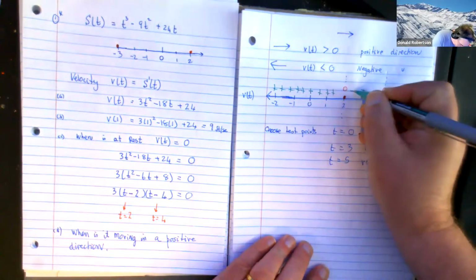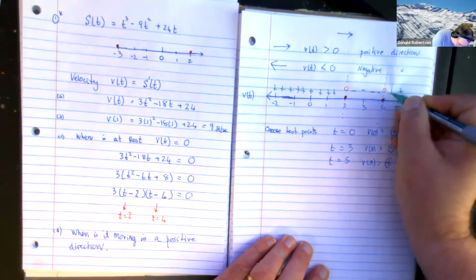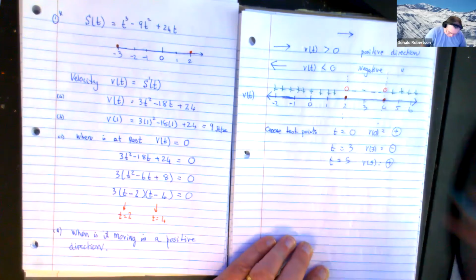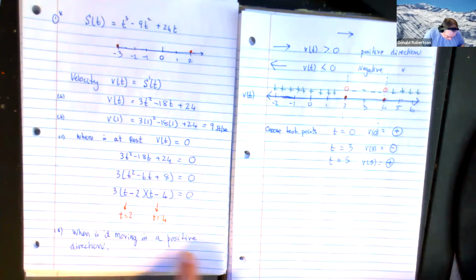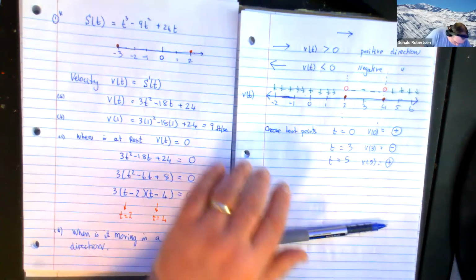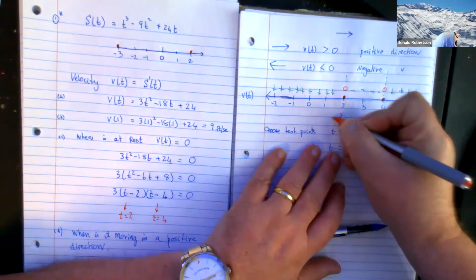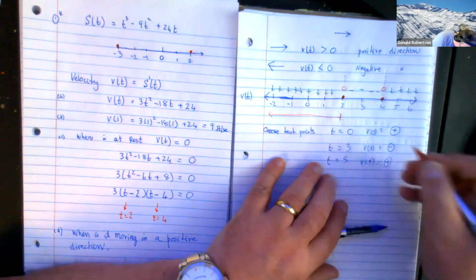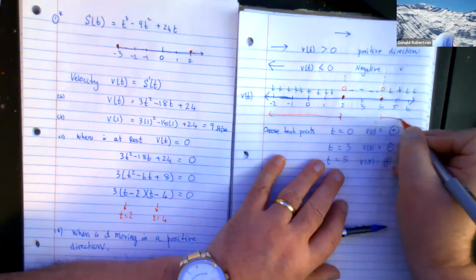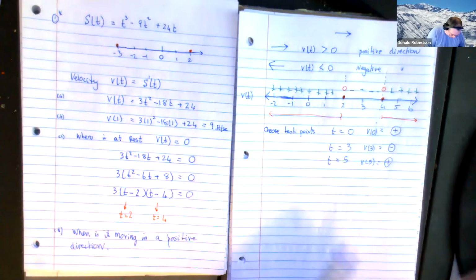And that makes all these guys negative, and then it makes all these guys positive. So if you want to know when is it moving in a positive direction, isn't it moving in a positive direction for any values of t from 2 going that way, and from any value of t from 4 going that way?